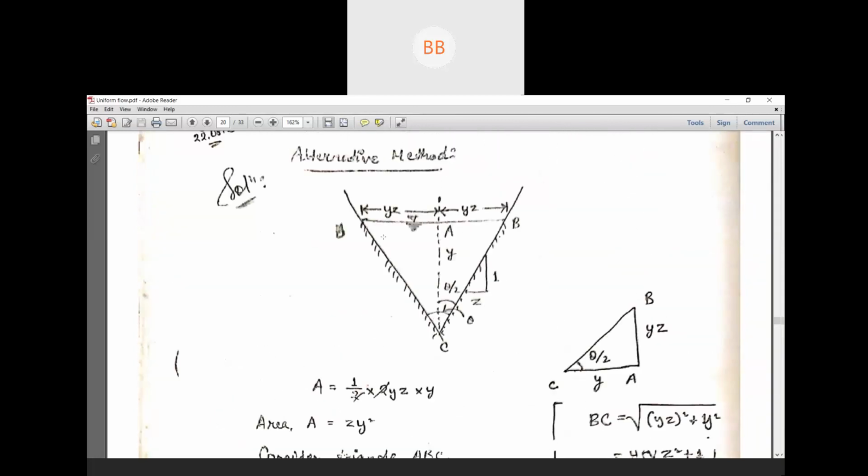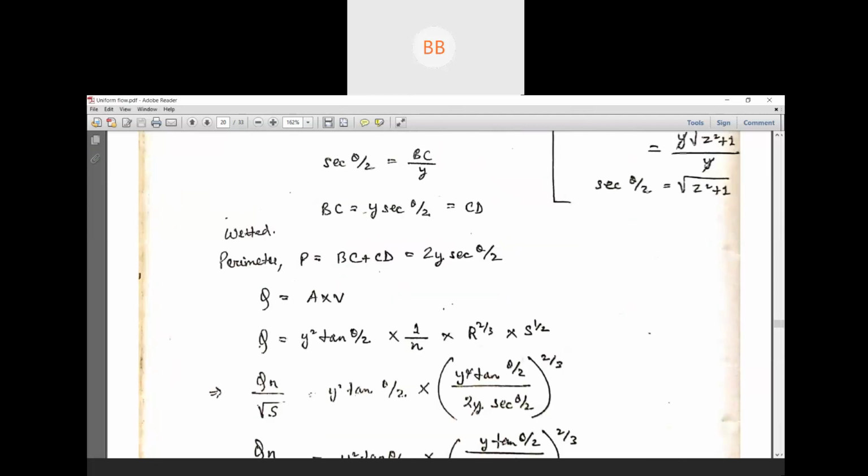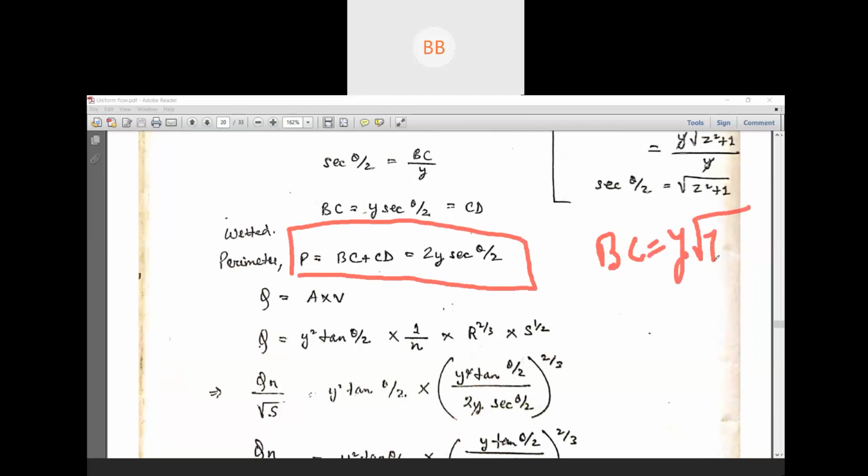Both the sides are the same, so we will multiply it by 2. So what is written? BC is y root over z square plus 1.